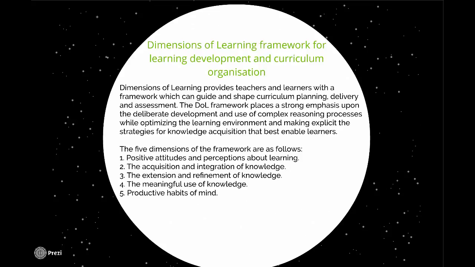So the 5 dimensions of the framework are there: positive attitudes and perceptions about learning, the acquisition and integration of knowledge, the extension and refinement of knowledge, the meaningful use of that knowledge, and then productive habits of mind. And in each of those, similar to the design questions, there's a way in which to design units and design lessons to accurately target those areas.